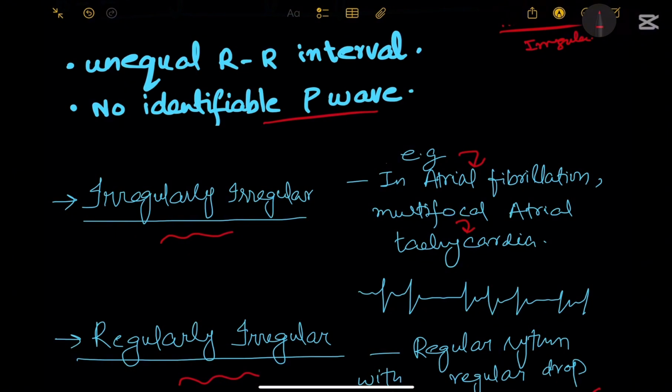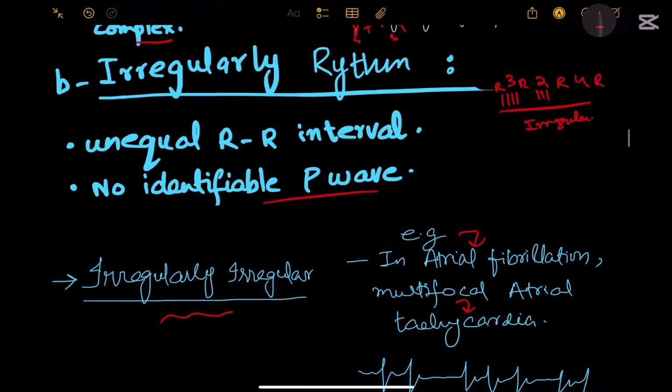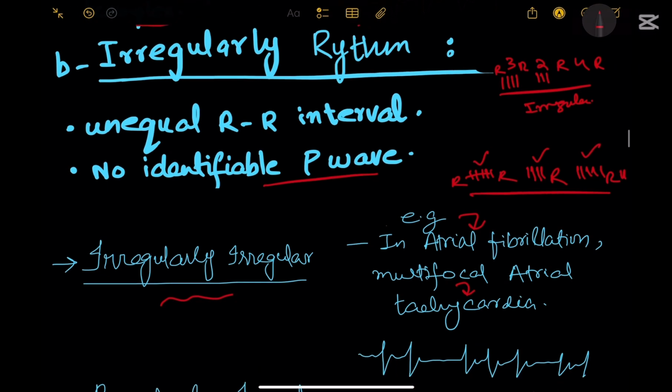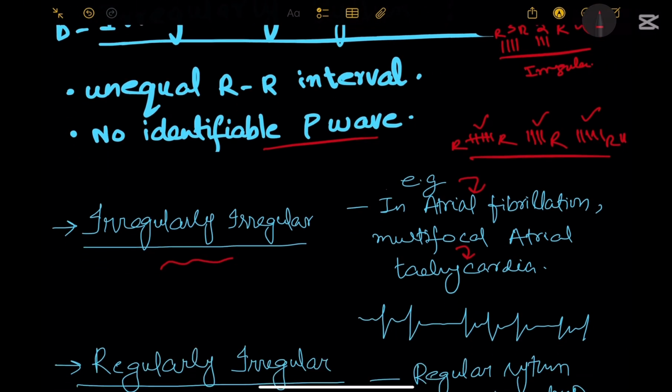For example, we have 3 boxes in one RR interval, then 2 in another, then 4 in another, and then 1 in another. So the beats are irregular and the rhythm is also irregular. So this is irregularly irregular rhythm.